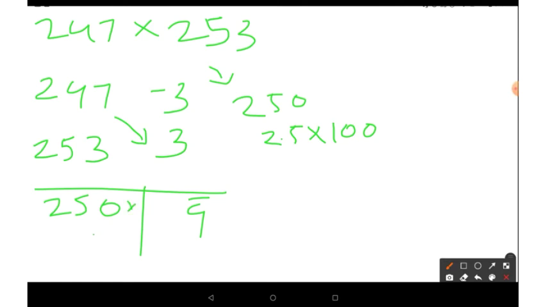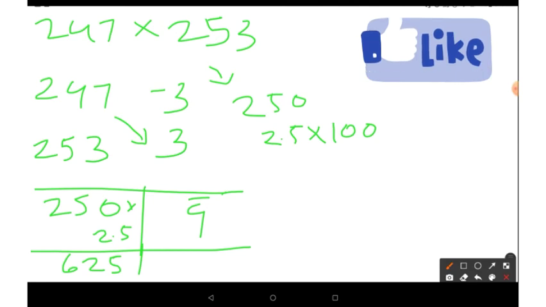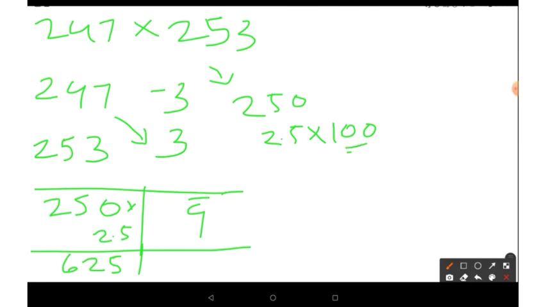Now this 250 you have to multiply with 2.5, so 250 into 2.5 gives you 625. But here you have to check all the rules about the number of digits. Here the number of digits is only 1, but 100 has 2 zeros. So you have to add a 0 here.